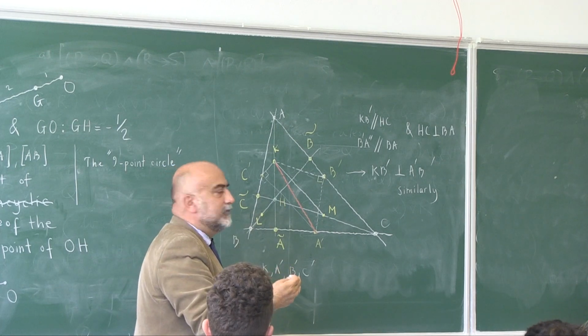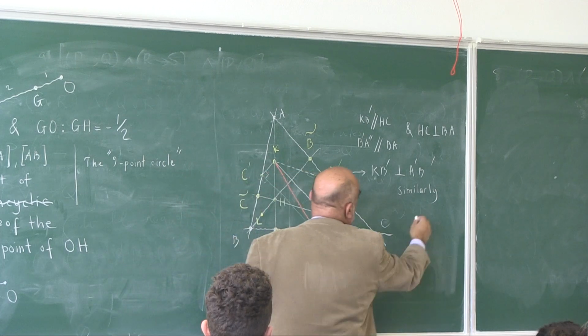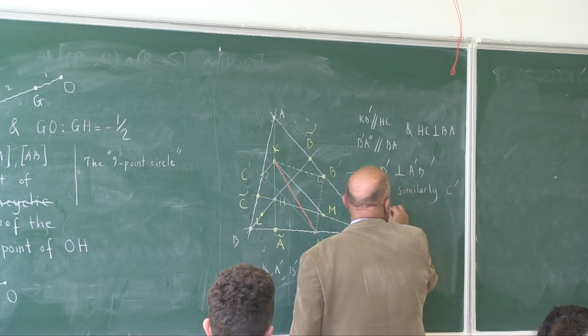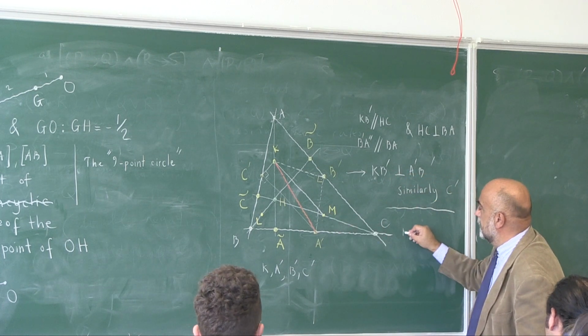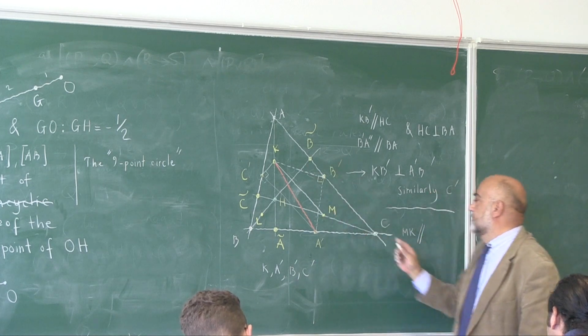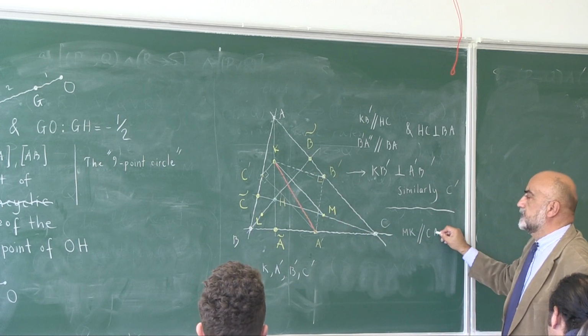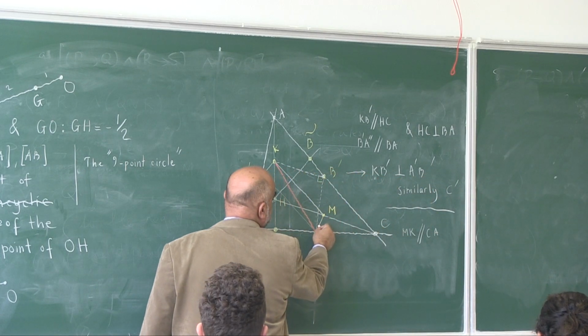What does Thales tell me? Thales tells me that MK must be parallel to CA. Excellent. And then how about MA prime?